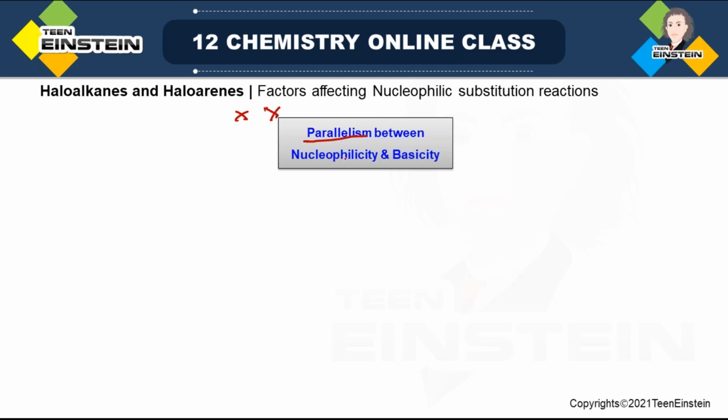When we say that parallelism exists, that means if X is more nucleophilic than Y, then X is also more basic than Y. That means the same type of order, for both nucleophilicity and basicity. When that exists, we can say there is parallelism. But if it is opposite, suppose as a nucleophile X is better than Y, but as a base Y is better than X, then in this case parallelism does not exist. That is the difference.